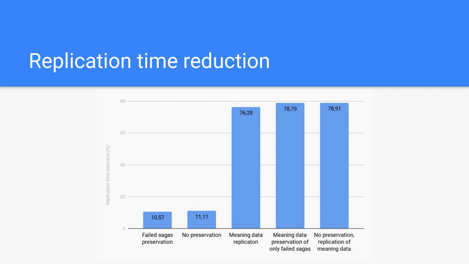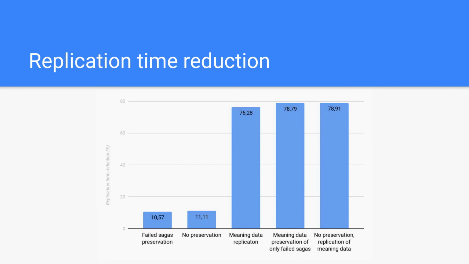Eventually, preservation optimization has the least effect on the replication time due to the fact that network communication brings much bigger delay in relation to local storage update. That is why the first two bars, with storing of only failed sagas and without storing, show relatively low impact on time reduction.